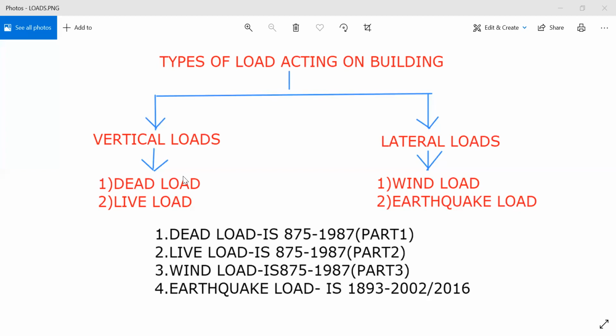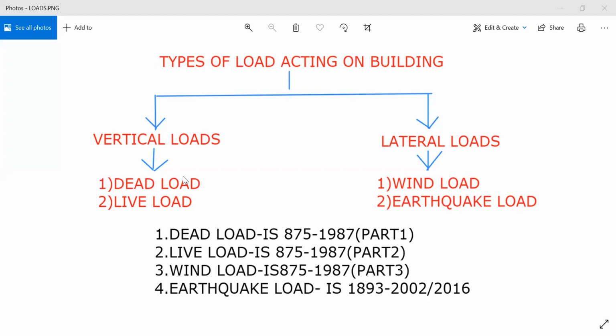If we are going to calculate the dead load of the wall, then we have to consider the dead load for the wall as the volume of that particular wall multiplied by the density of brick, if we are using brick as the material. In this way, we calculate the dead load acting on any kind of building.